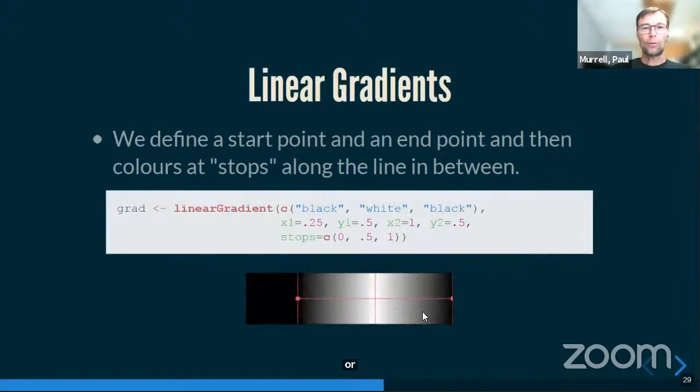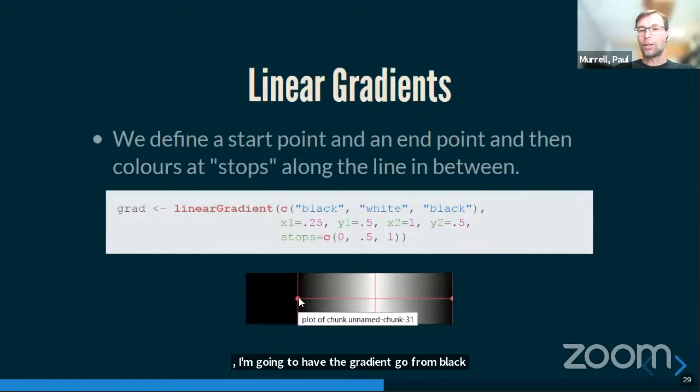Here's an example of a linear gradient, and the idea is I give it a set of colors, at least 2. In this case, I'm going to have my gradient go from black to white to black. The gradient is defined by a line segment.